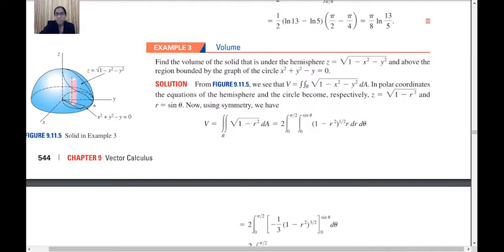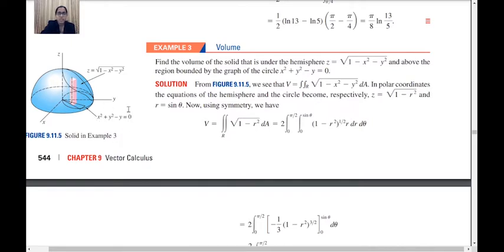How do we determine the variation of r? If you draw a ray like this, it enters at the point r = 0 and exits at the boundary, that is, the circle x² + y² − y = 0.